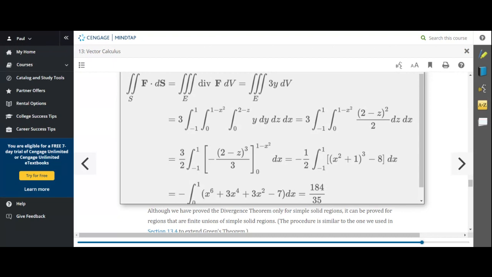Okay, well then the flux in this case is going to equal 184 over 35. Okay, are there any questions on that?